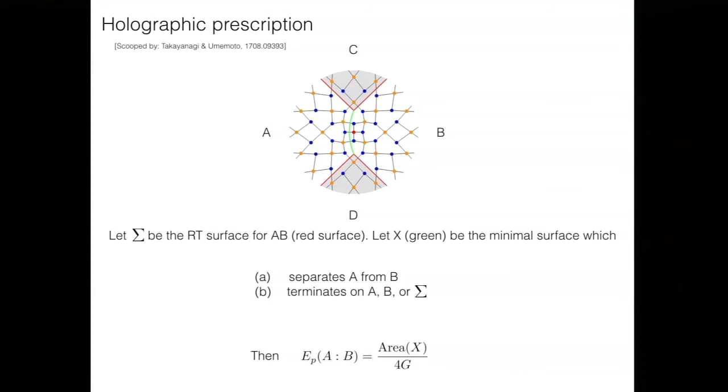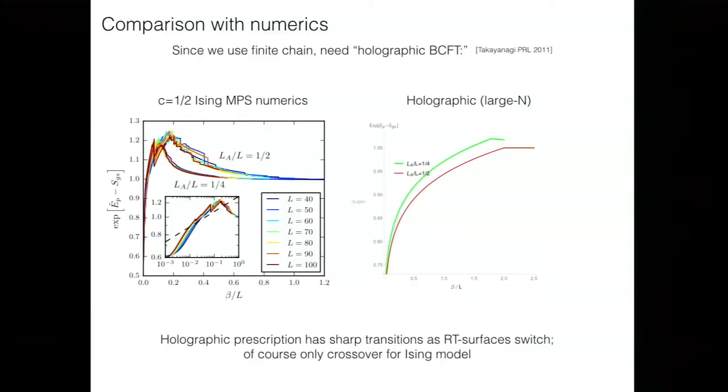So I think what I'll focus on is actually comparing this prescription with the numerics, since we don't literally expect it to apply. This is a central charge 1/2 system, but let's just look at them next to each other. So one thing you'd see is from this holographic prescription, it would indeed obey a scaling collapse with the same dimension of c/6 that we found.